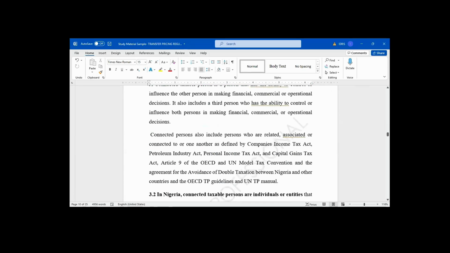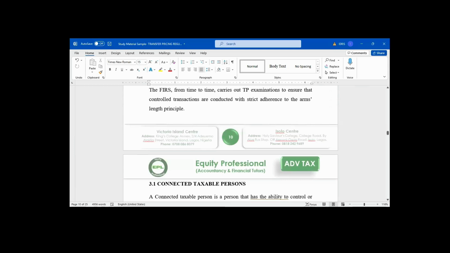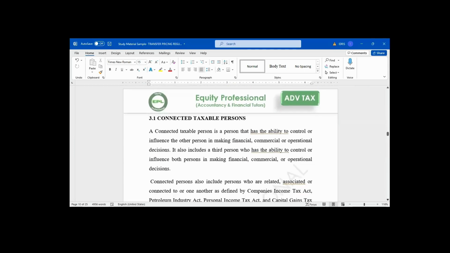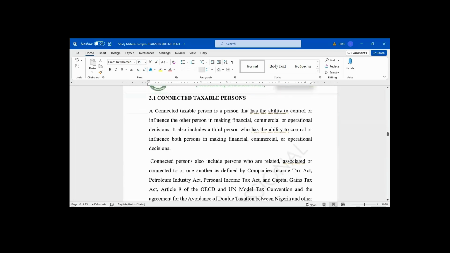Now, we go to the next area called connected taxable persons. What are connected taxable persons? A connected person is a person that has the ability to control or influence another person in making financial, commercial or operational decisions.